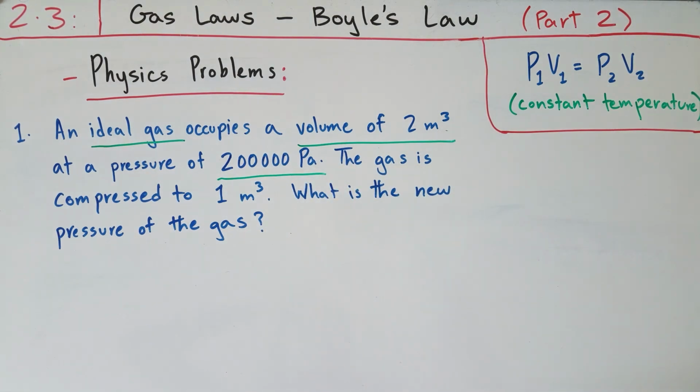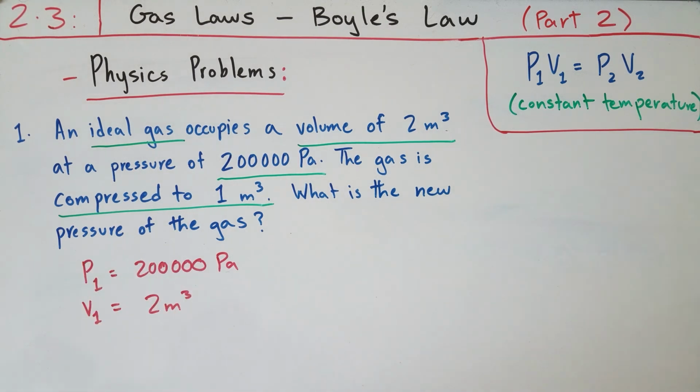P1 will be the pressure of the gas before it's compressed, which is 200,000 Pascal. V1, the volume before the compression, is 2 cubic meters. It says that the gas is compressed to 1 cubic meter, so we will call this second volume, after the compression, V2. So V2 equals 1 cubic meter.